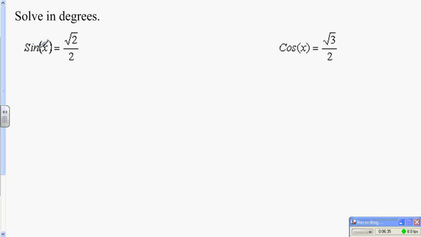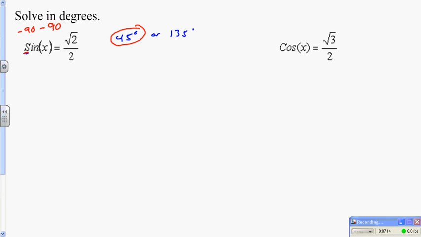So what does this mean? Capital S. When is sine of x root 2 over 2? Root 2 over 2 could be 45 degrees, if you look at your unit circle, or 135 degrees. Both give you root 2 over 2 on the unit circle. But sine is between negative 90 and 90, so it would have to be this one only.